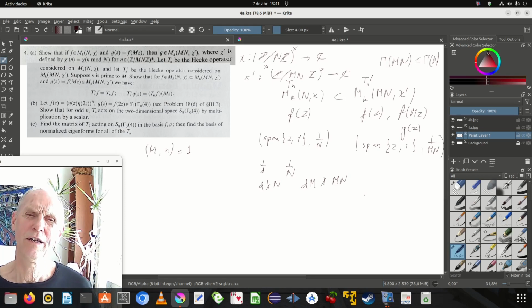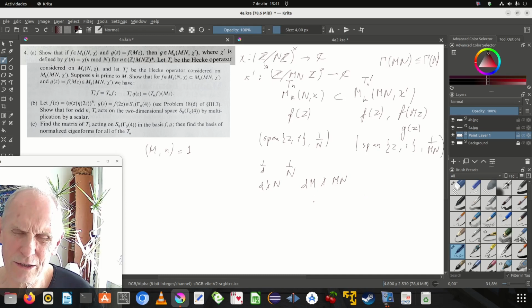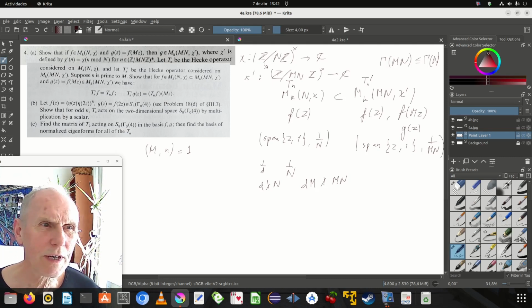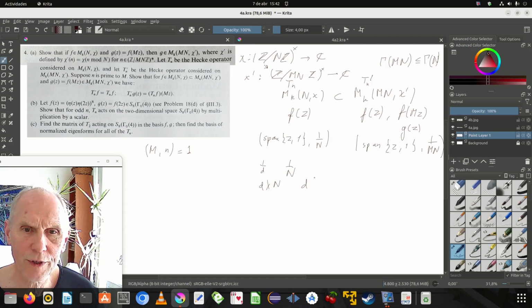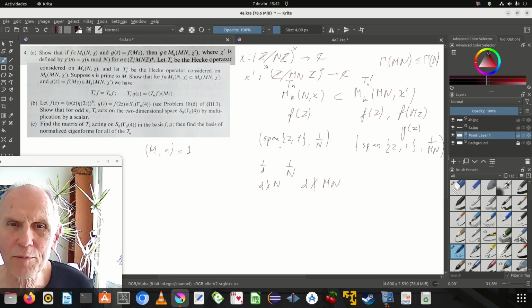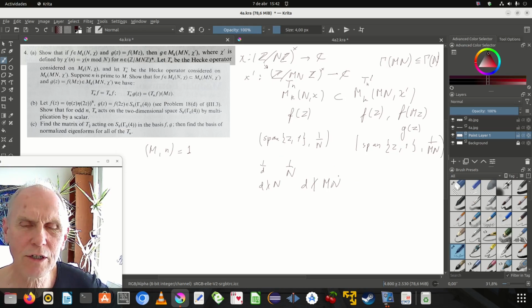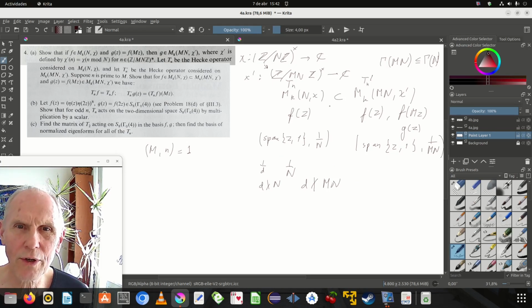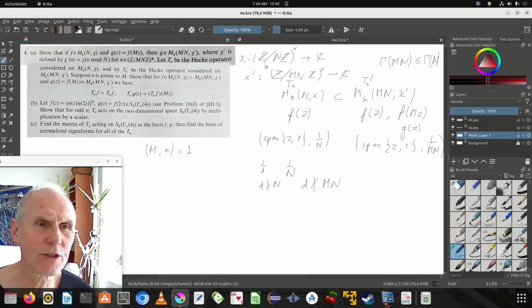Nah, that's not right. D will fail to divide mn. The other one is right as well, and that means that we can use the same lattices, extension lattices. So that shows the first one.